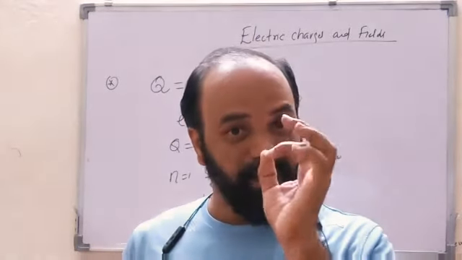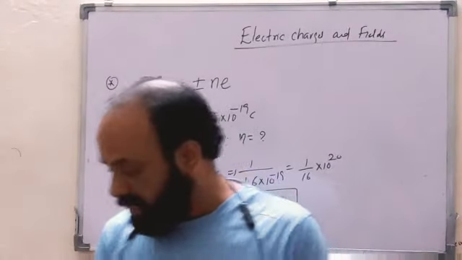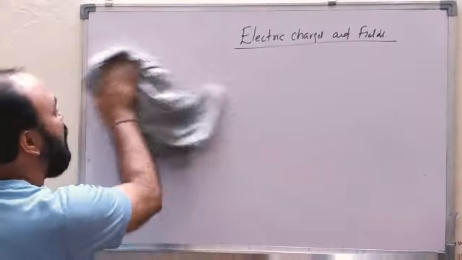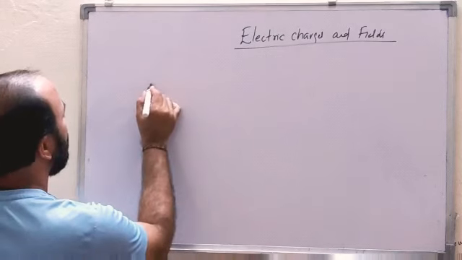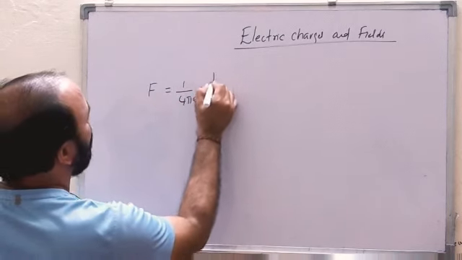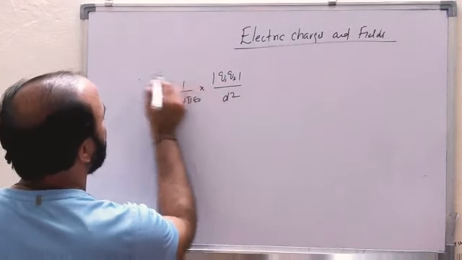I repeat once again, magnitude of charges, and inversely proportional to the square of the distance. This is the way we write the formula: F equals 1 by 4 pi epsilon naught, the product of the magnitudes of the charges, by distance d square.